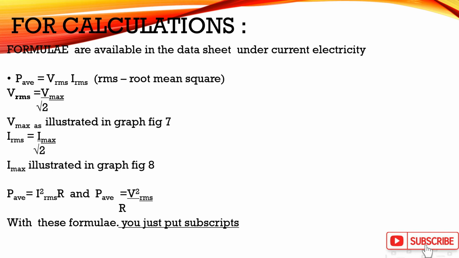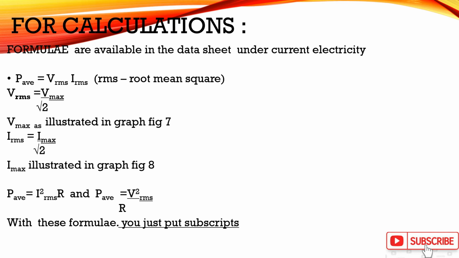Then also P average is equal to V rms squared over R. So maybe we are required to calculate something not given the current. In the formulae written on the data sheet, you just put the subscript.